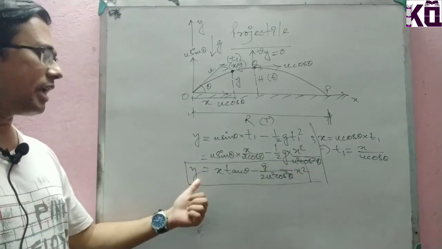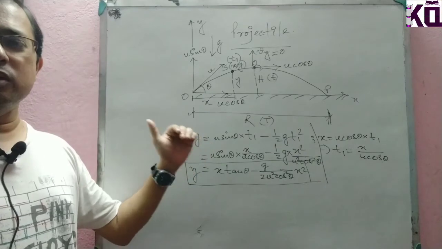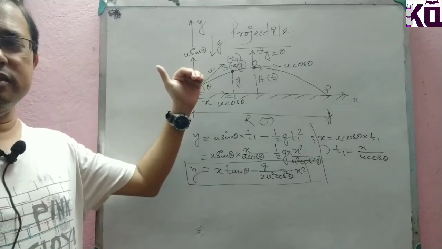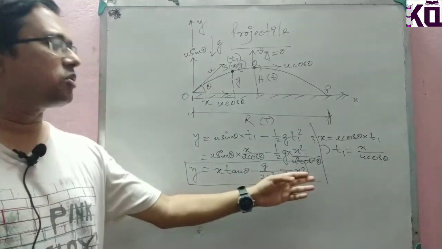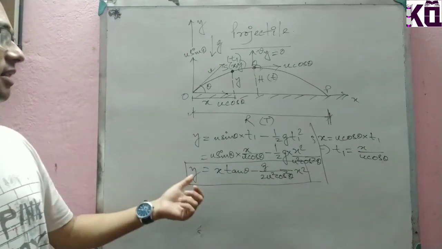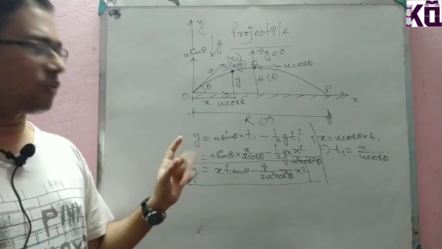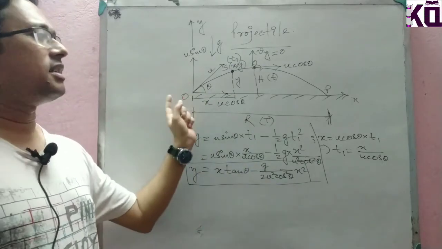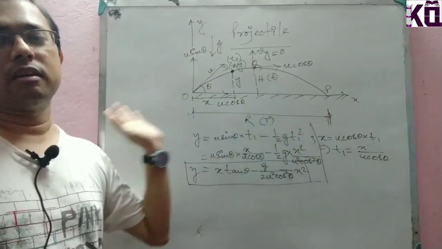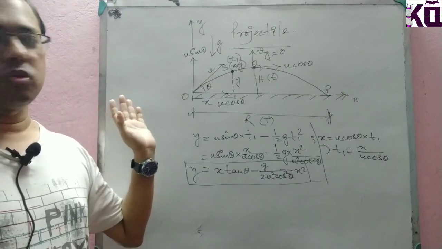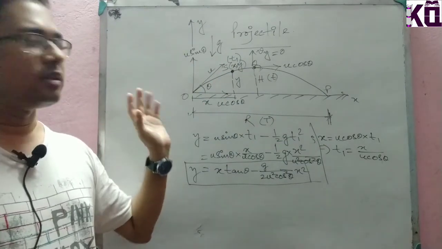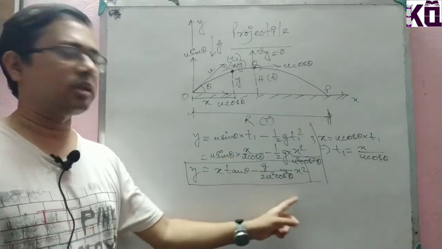This expression is also important, and as there are two variables, y and x, we can say this is a parabolic curve. So this is basically a parabola.